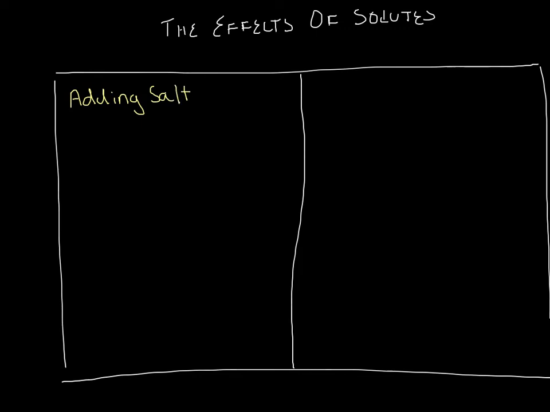When you add salt to the road when it's freezing, when you're about to have ice on the roads, this is a C. I'm sorry, this didn't show very well. Okay, so when you add salt to a road, the salt is going to get in the way of the water molecules, and so that's actually going to lower the freezing point of water.